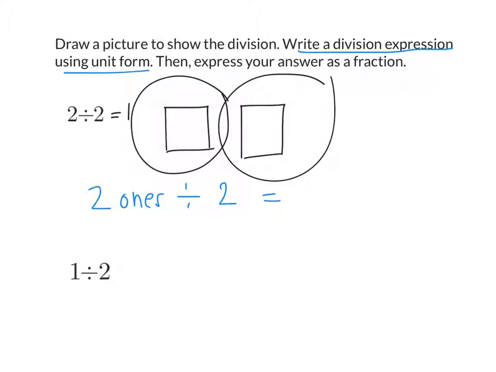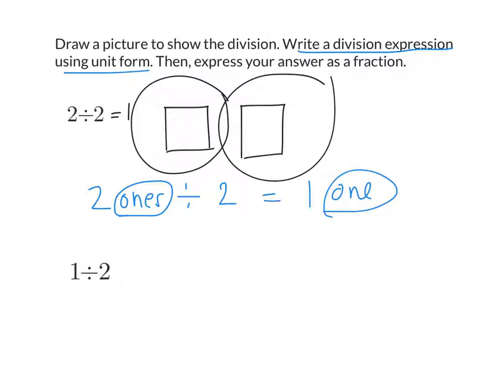And so how many did we end up with? 1 in each group. What's the unit there? Ones. The word ones is the unit. Then it says express your answer as a fraction. Well, 1 is the answer as a fraction, right? Yeah. Very good.